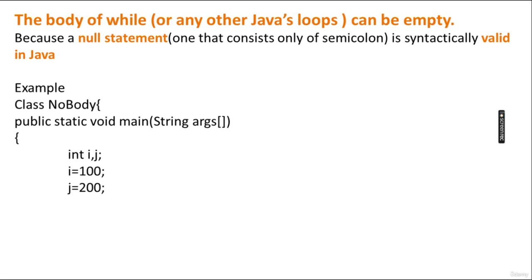The body of a while or any other Java loop can be empty, because a null statement is syntactically valid in Java, the one that consists of only a semicolon.